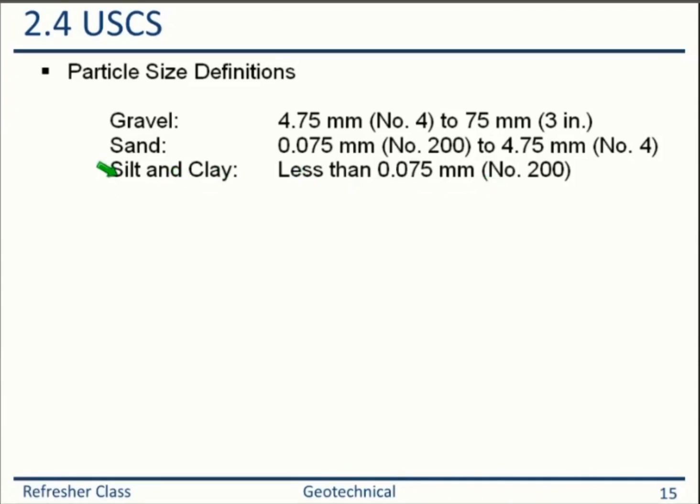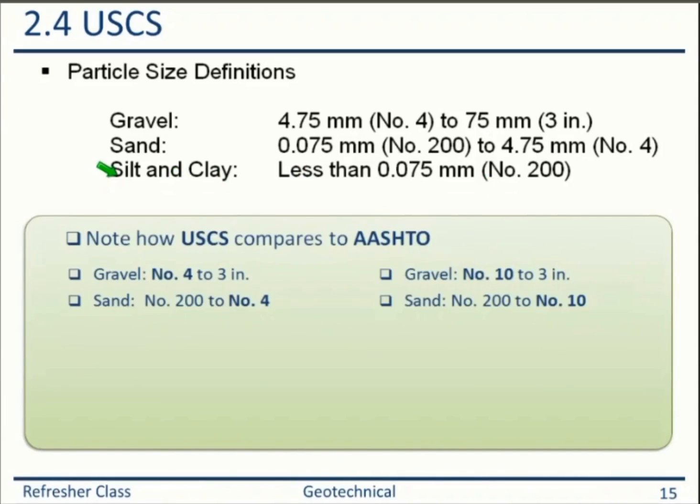Okay, so if you compare with the AASHTO system, the particle definition for gravel based upon USCS system is anything from 3 inch to fractions not passing through number 4 sieve, whereas in case of AASHTO it is number 10. So it was number 4 in USCS system, number 10 in AASHTO system. Sand, anything from number 4 to number 200, in AASHTO from number 10 to number 200.